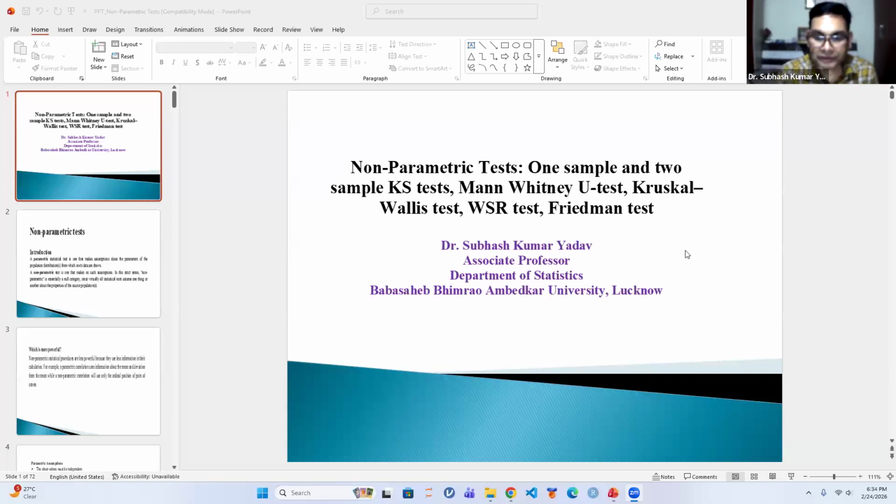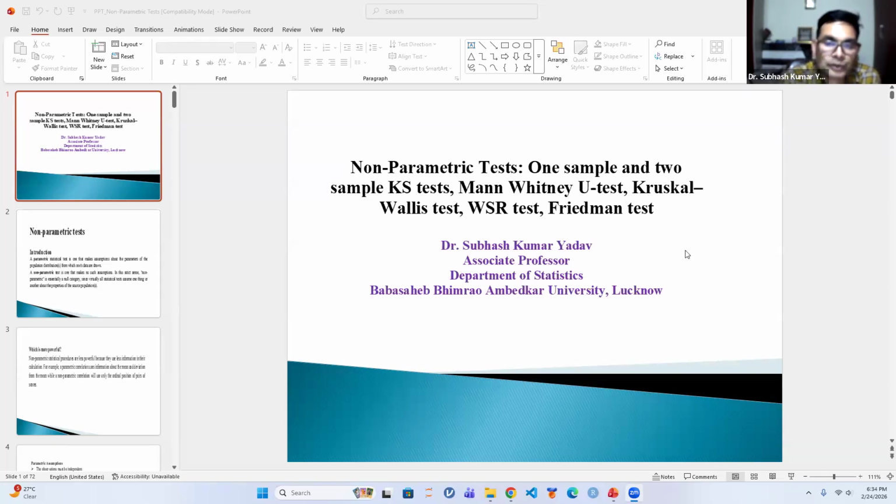Okay. So I suppose that you all have discussed and learned about the parametric test. This is the counterpart of that parametric test. In parametric test, we have a very crucial basic assumption regarding the form of the population, that the population should be normally distributed.